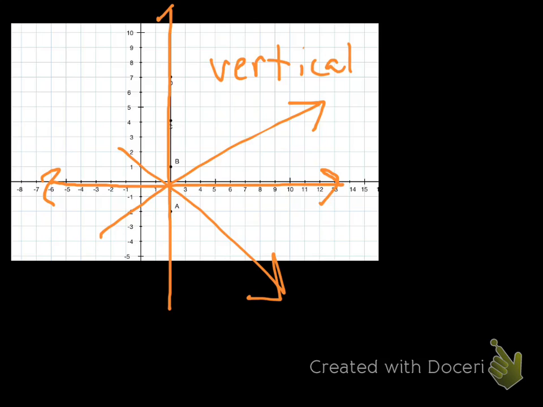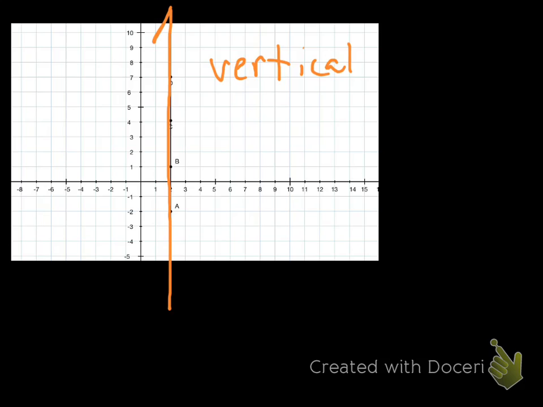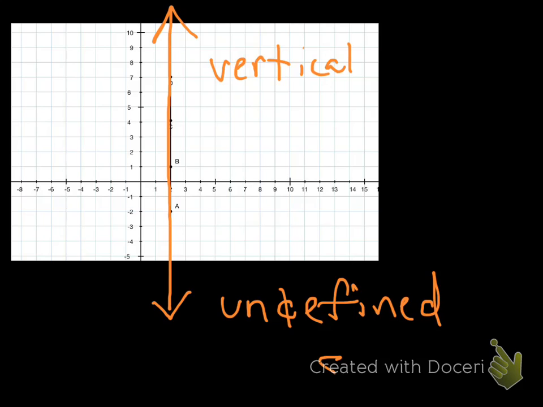But if you're on this vertical line right here, you're neither increasing nor decreasing, you're doing both because it's going straight up and down. So a vertical line has an undefined slope. We'll talk about that when we start thinking about the numerical version of it.